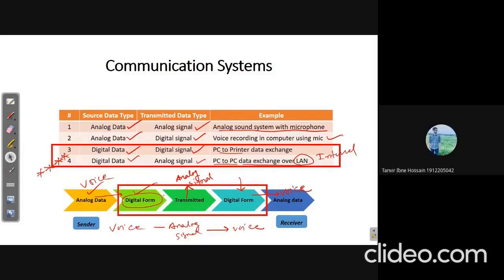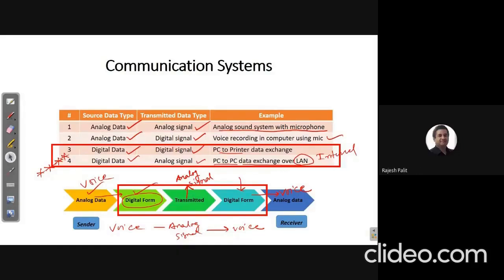Computer can understand. In the digital format, there are only a small number of levels, right? Only a number of levels are there, say 2, 4, 8, 16, 32, or at best 256. That is a limited number of levels in digital data. But in analog format, how many levels are there? Infinite.